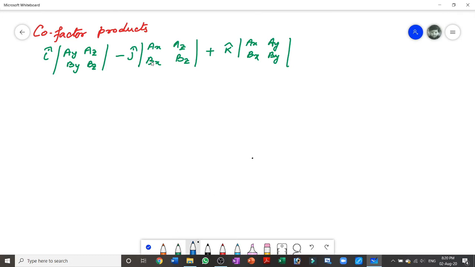Now you can see that there is a plus sign, there is minus sign, and there is plus sign.